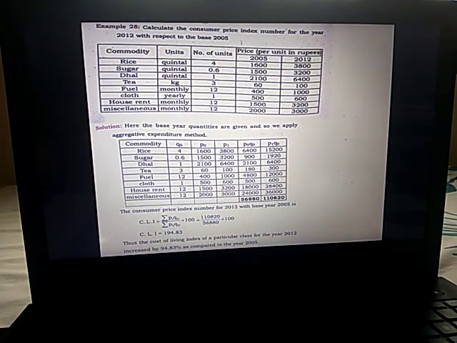Thus, the cost of living index of a particular class for the year 2012 increased by 94.83 as compared to the year 2005. For the base year the index is always taken as 100, and when you compare, here it has increased by 94.83%.